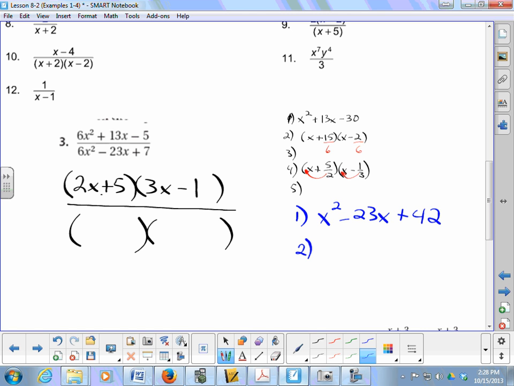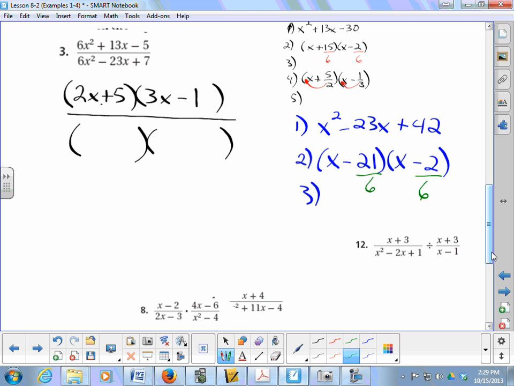Then we're going to factor. What are the factors of 42 that add up to negative 23? Okay, 21 and 2, right? 21 times 2 is 42, and 21 plus 2 is 23. So we get x minus 21 and x minus 2. Step 3, divide by a again, so we're going to divide by 6 for both of them.